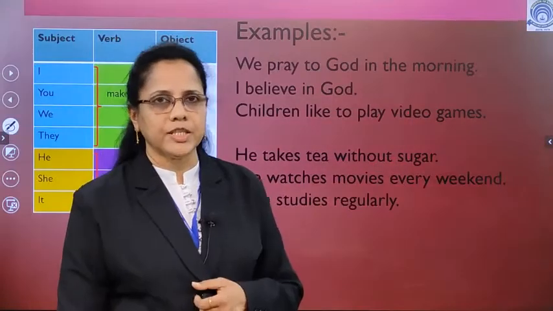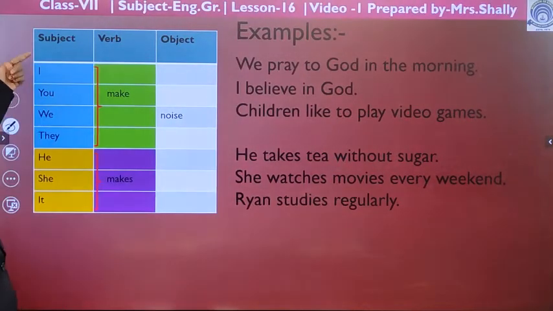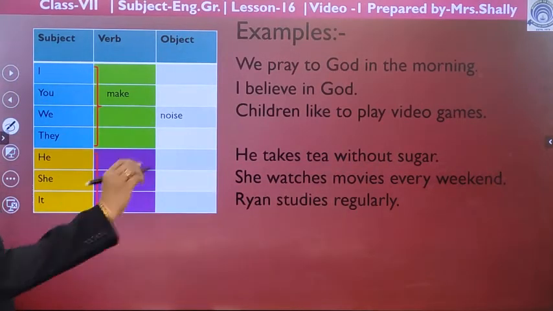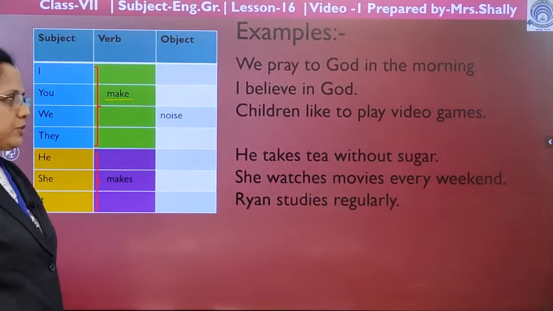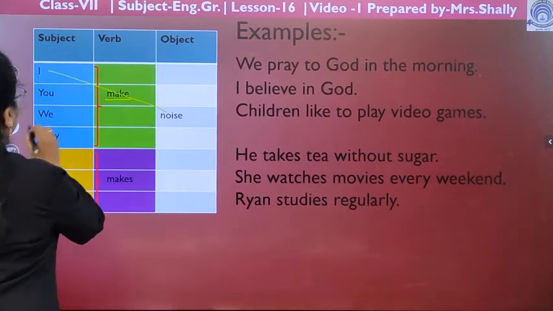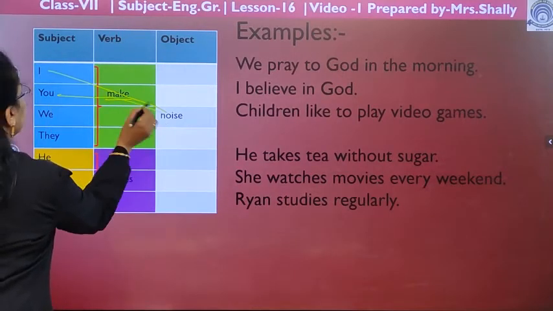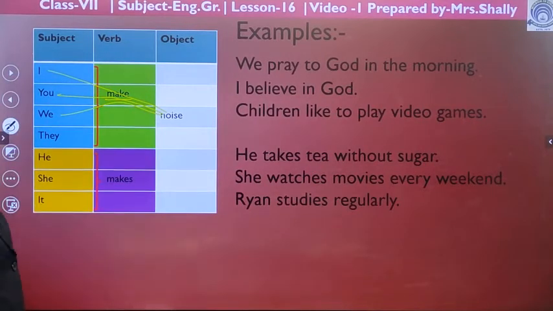Now let's understand this through some examples. Look at this table given over here. With the subjects I, you, we, they, we use the base form, the first form of the verb make. So I make noise, you make noise, we make noise, they make noise.